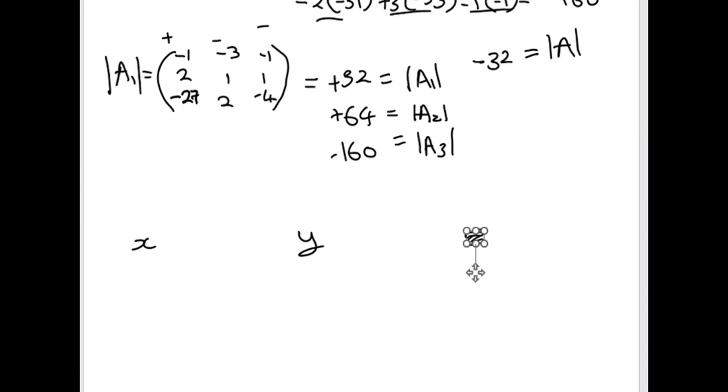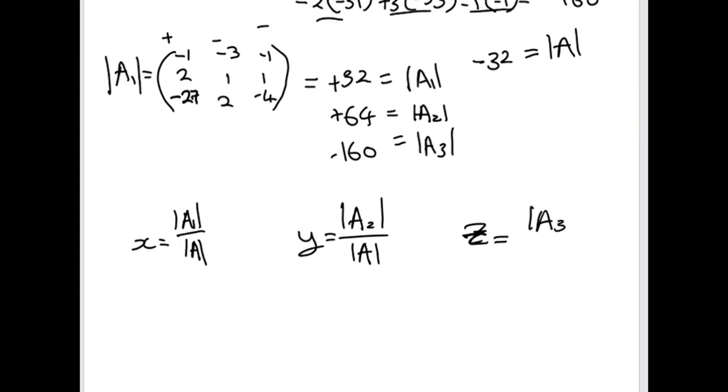So x will simply be the first determinant of the augmented matrix all over the determinant of matrix A. Solution for y will be the determinant of the second augmented matrix all over the determinant of A, and z will be my third augmented matrix, its determinant all over the determinant of matrix A.